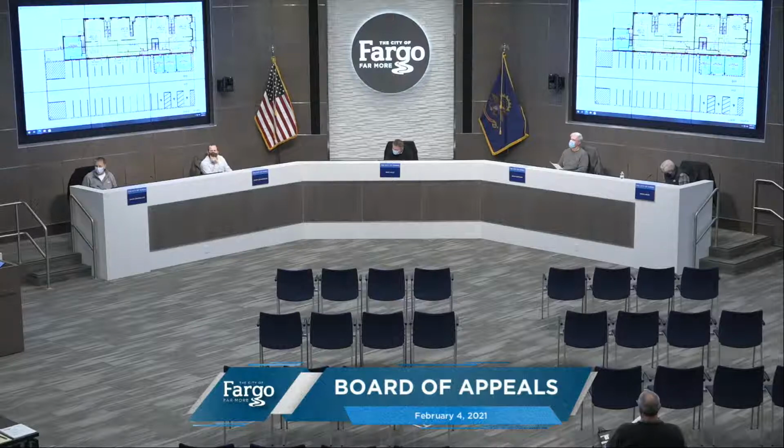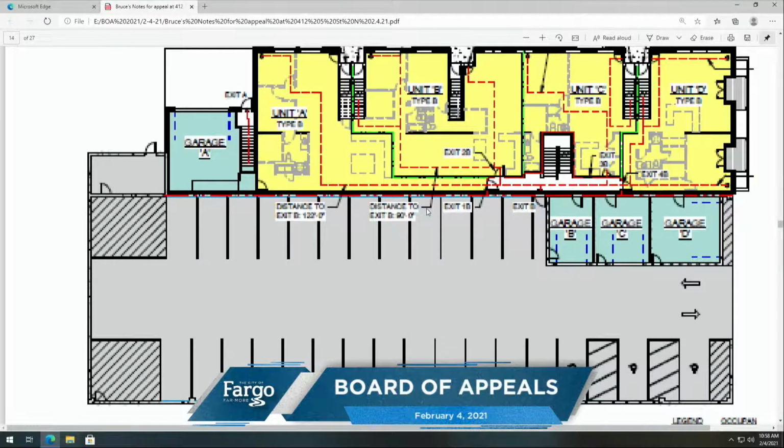I've got a question that's maybe a little different because of my experience and background. My understanding is the condos or the apartments, whatever they are, are a separate building owned by separate individuals.